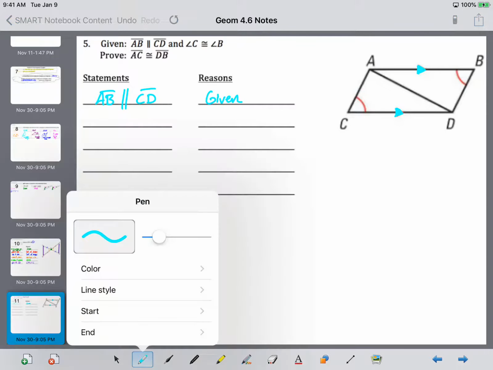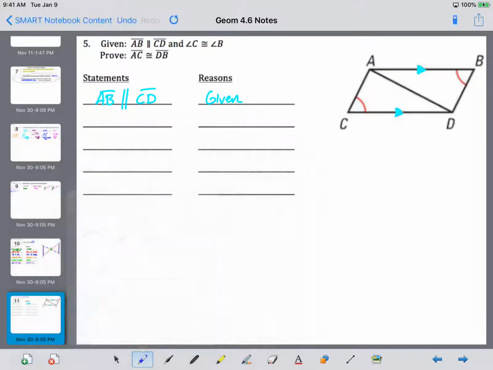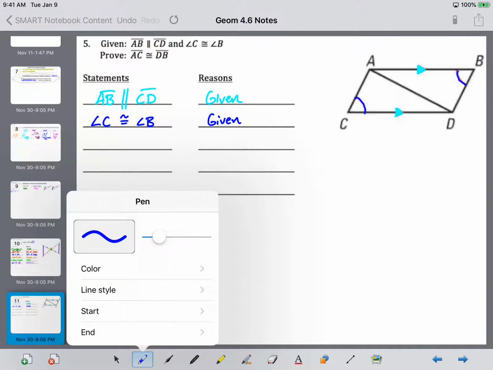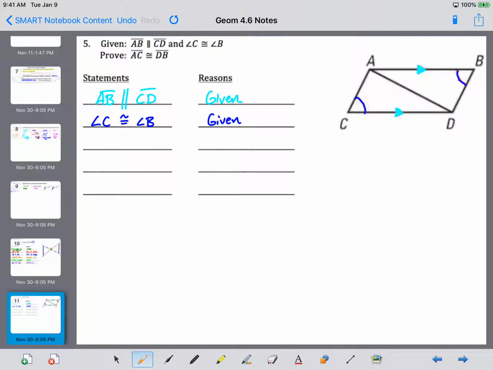All right, we also know that angle C is congruent to angle B. And luckily they put some arcs on here for us, so that was another given. And you can probably see we've got something we can show because we know those lines are parallel. So these are actually alternate interior angles because they're inside the AB and CD and they're on alternate sides of this line AD.